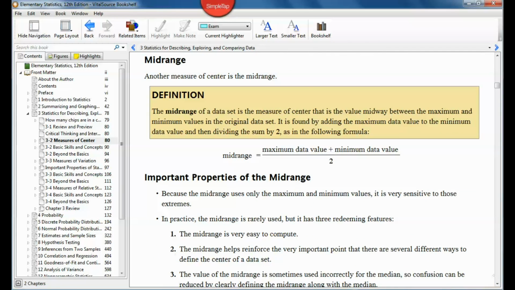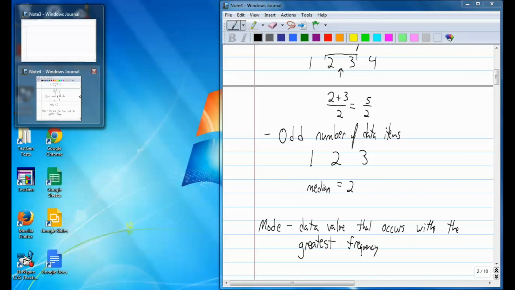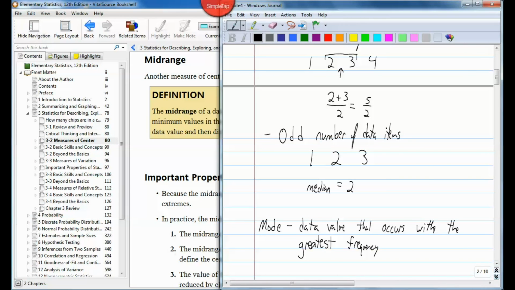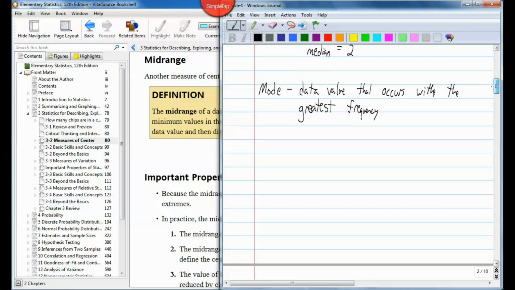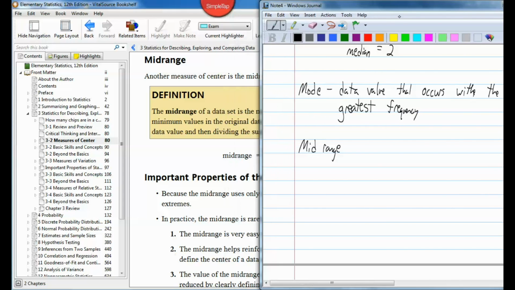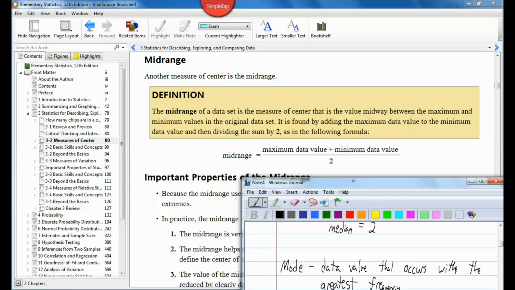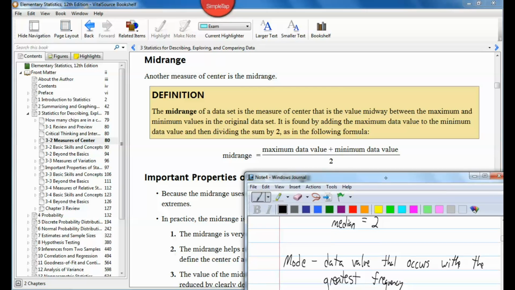All right, the mid-range is another measure of center. The mid-range of a set of data is the measure of center that is the value midway between the maximum and minimum values in the original set of data. It is found by adding the maximum data value to the minimum data value and then dividing by 2.